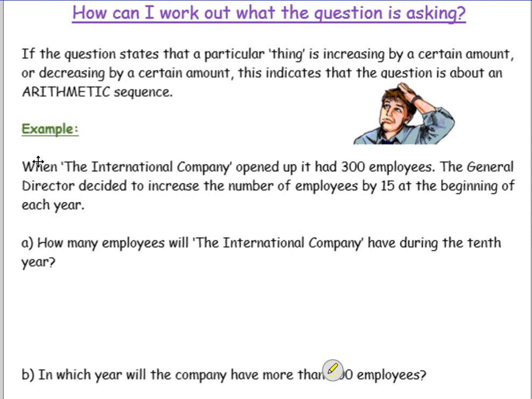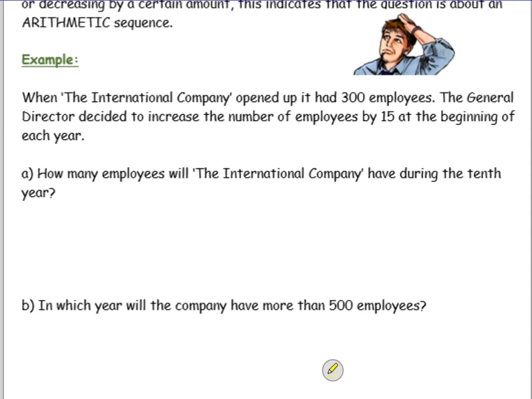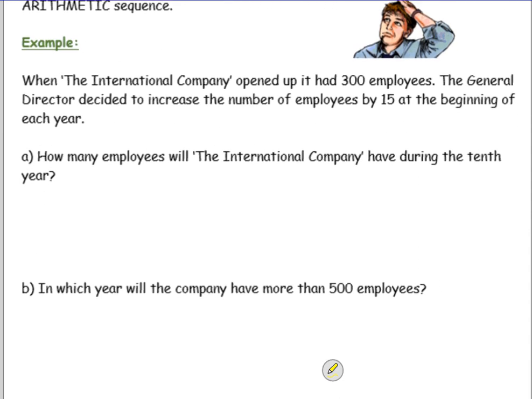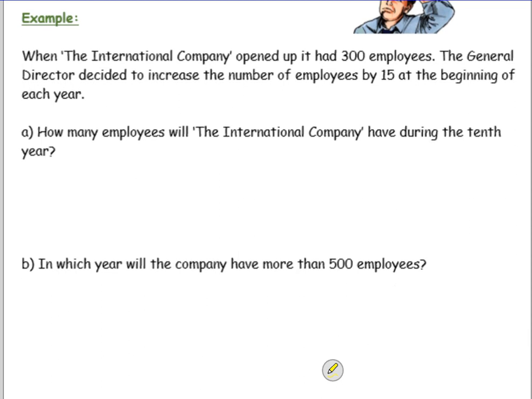If something is increasing or decreasing by a fixed amount, like $5, not by a rate or percent, then it's an arithmetic sequence. An example: when the international company opened up, it had 300 employees. The general director decided to increase the number of employees by 15 at the beginning of each year. So from that question, what's our common difference?